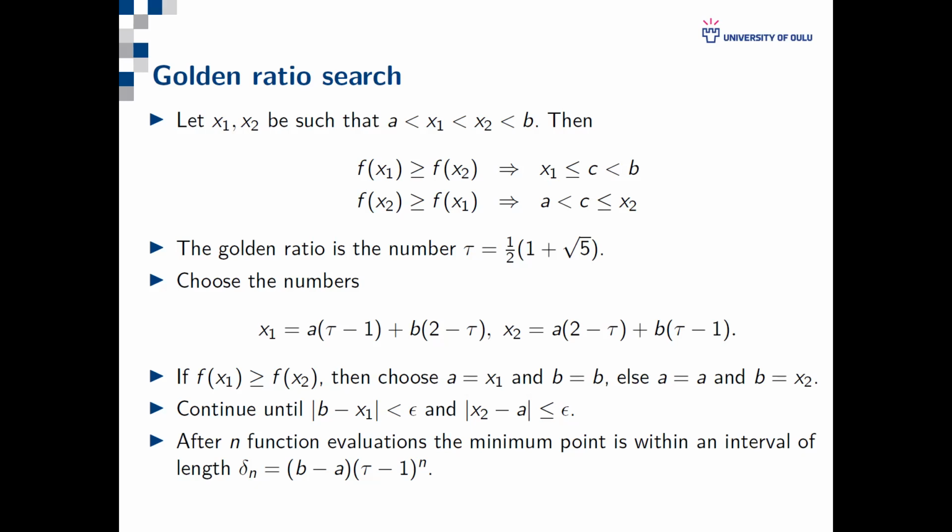You can easily see that after n function evaluations, the minimum point is within an interval of length b minus a times tau minus 1 to the power n. So with this one, you can control how small the final interval will be.